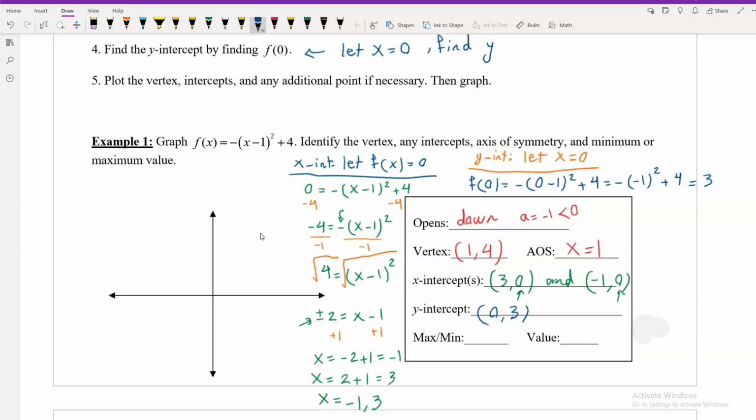So based on these 3 points, the x-intercepts, the y-intercept, and the vertex at (1, 4), we can graph. So this is the vertex. Then we have (3, 0), we have (negative 1, 0), and we have (0, 3).